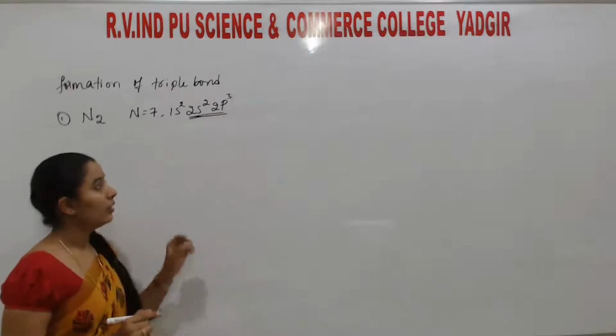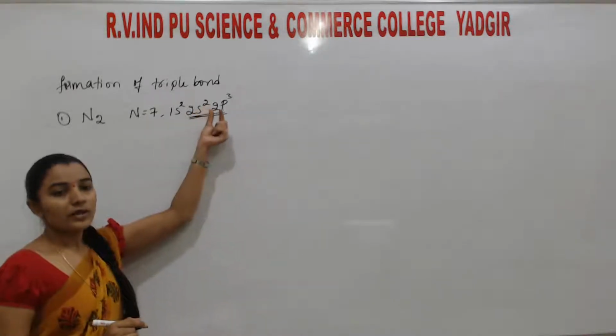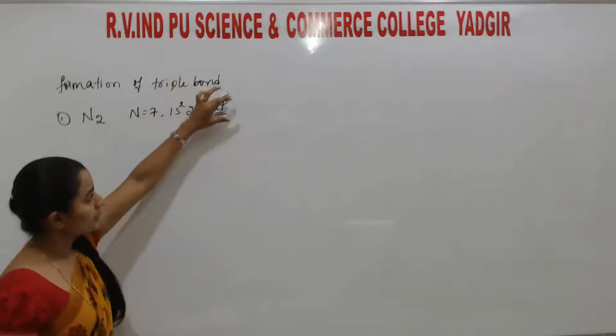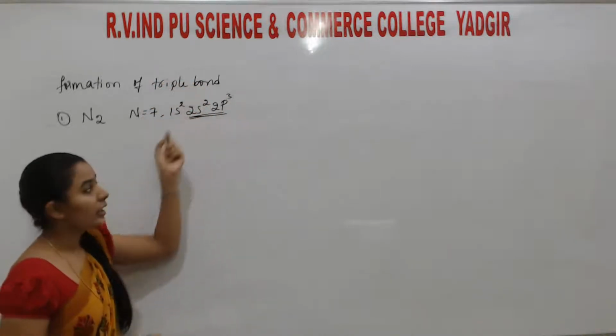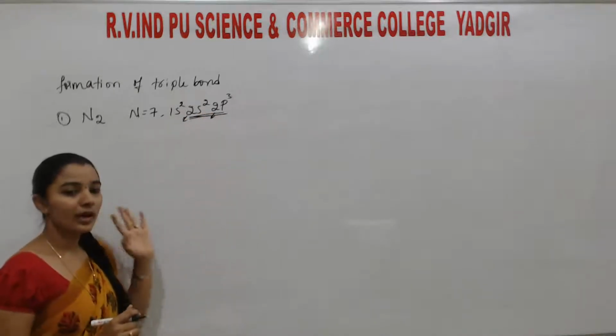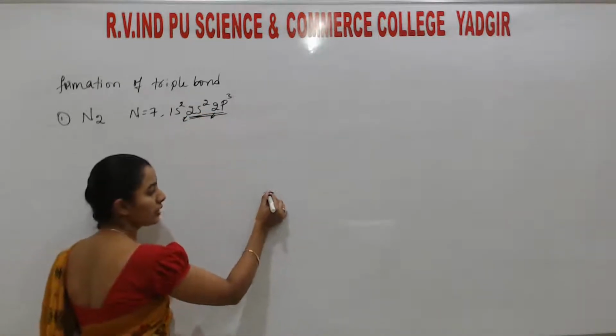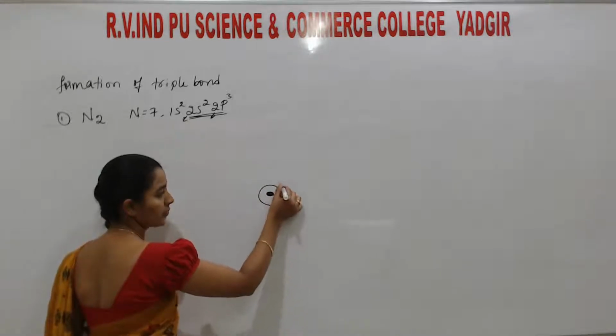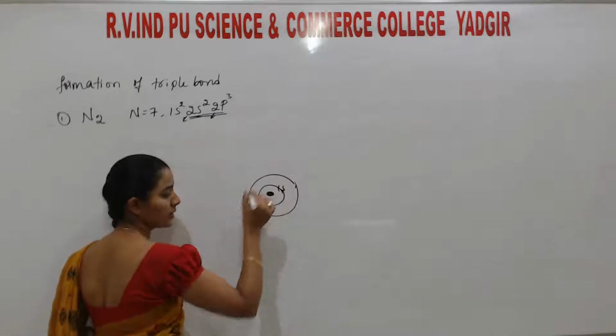As I told you, the shell having the greater n value is the valence shell. Here s and p both have the n value 2, so this is the last shell. This is the nucleus of the nitrogen. This is the 1s subshell, and this is the 2s 2p subshell.